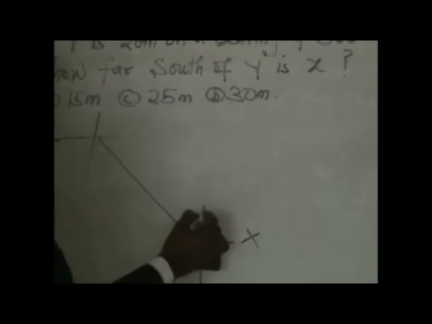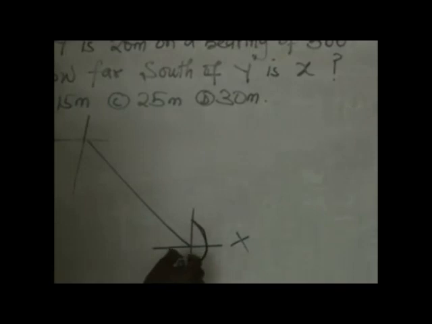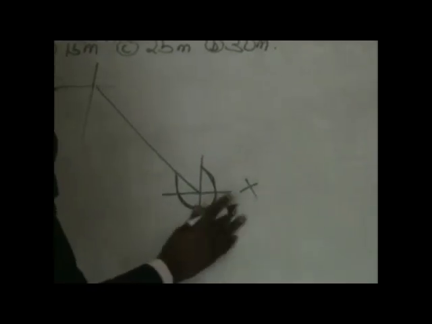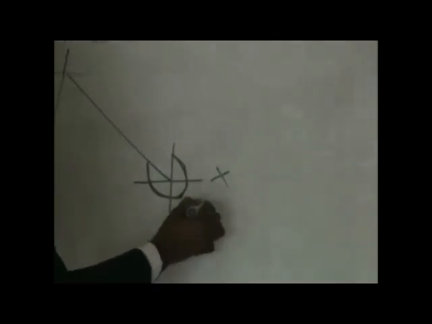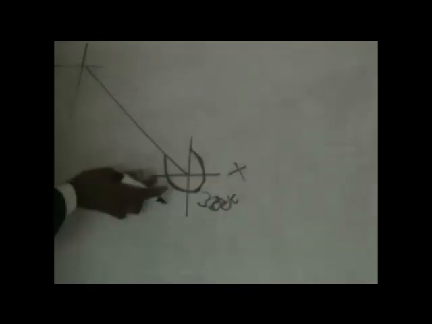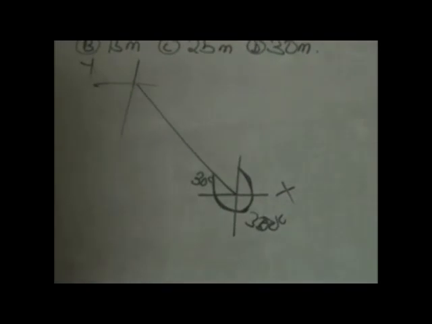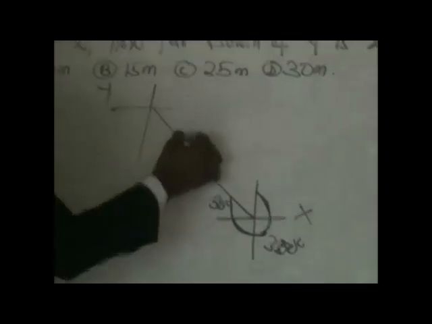From here to here. Are you getting it? So angle 300, that is from here to here is 300. But don't forget, from here to here is 270, so here is 30 degrees. Okay? And the distance is 20 meters.